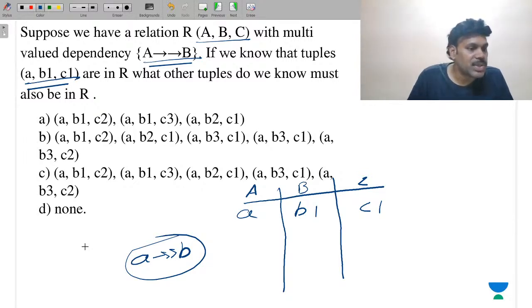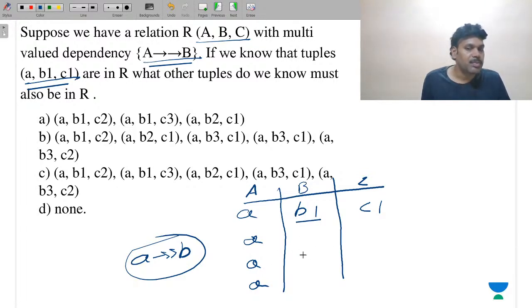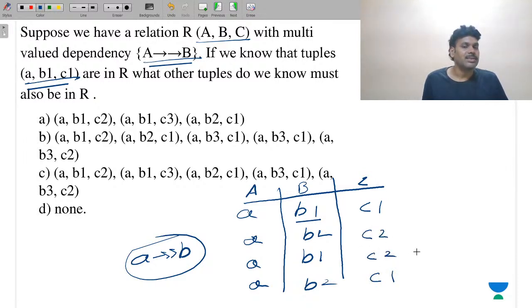We know A should come here 4 times. B of tuple 3 is equal to tuple 1, tuple 2 of this is nothing but this, and some other value for C you can write like this. So for any pair of values you take, this condition is supposed to be matched.